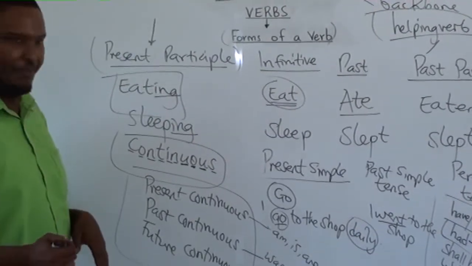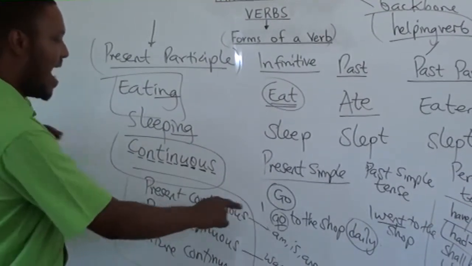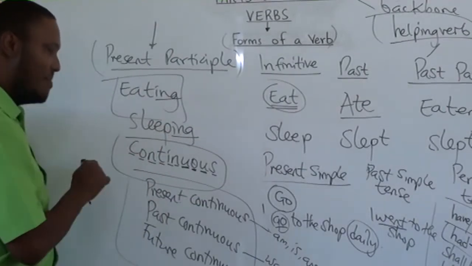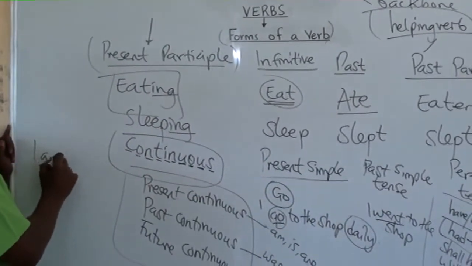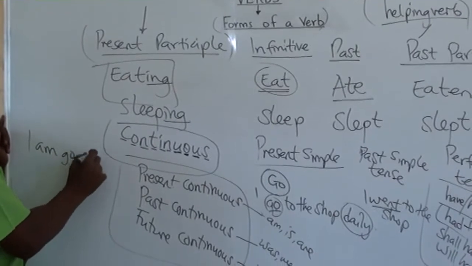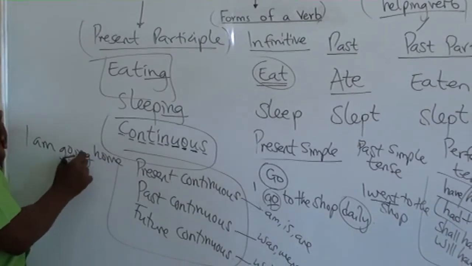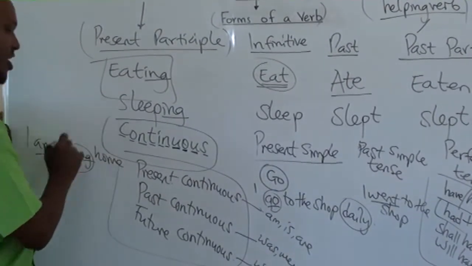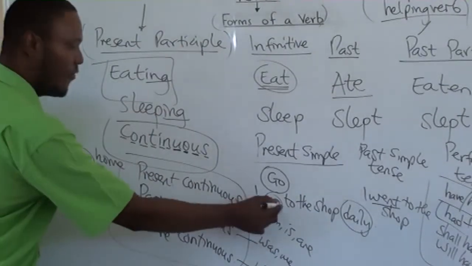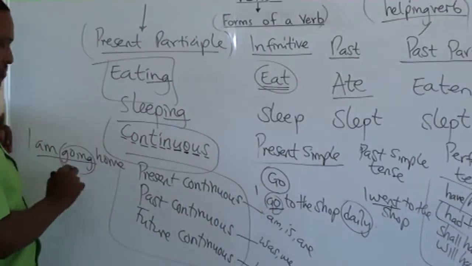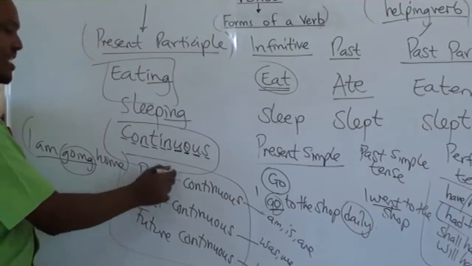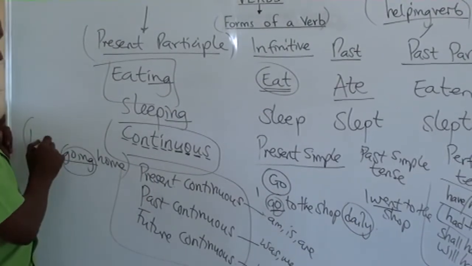Okay? So for example, I am going home. The word going is the continuous form, the present participle form of go. So I am going home shows the present continuous. And why do we say am?